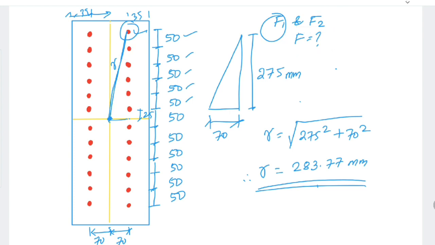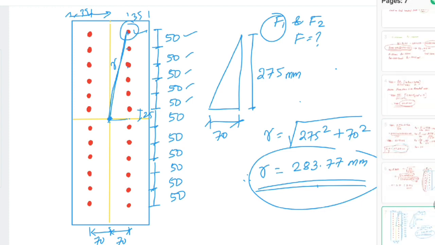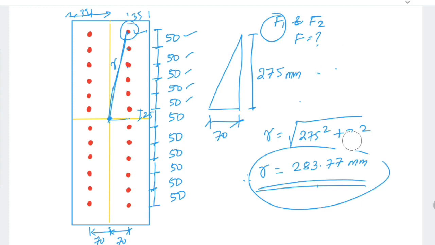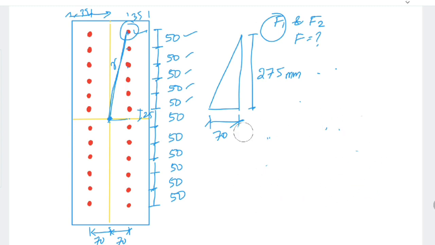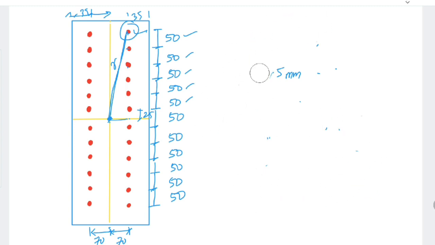First I found the CG to the extreme bolt, and next bolt, like that we will be finding the sum of Ri square. It is there in the F1 F2 equation. So sum of Ri square is nothing but how much?